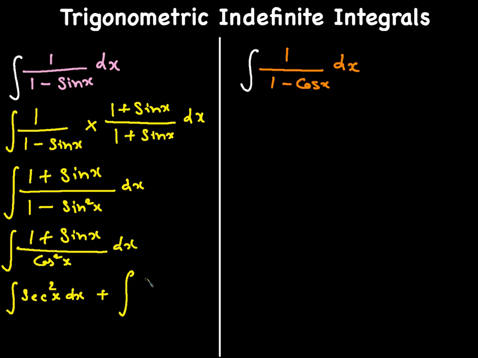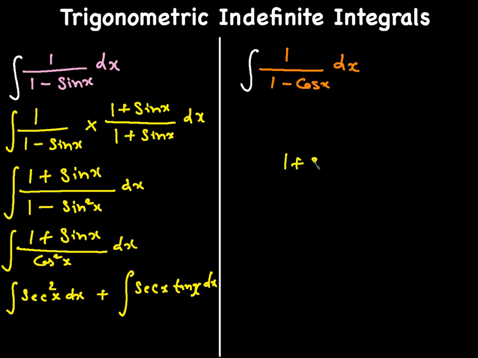Sine x over cos x gives me tangent x, and 1 over cos x gives me secant x. So this is equal to secant x tangent x dx. Again, I'm gonna do it over here. I'm running out of space here.